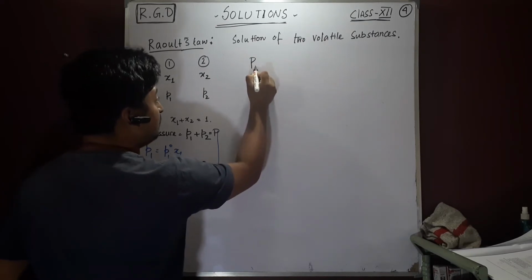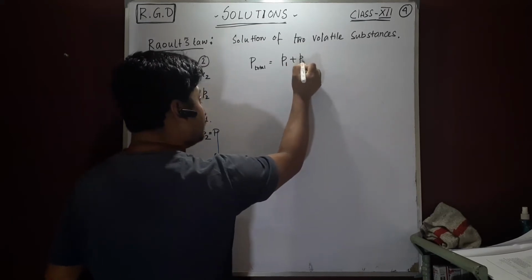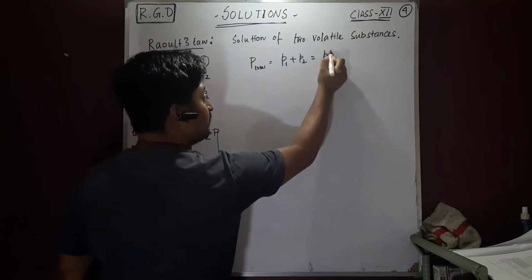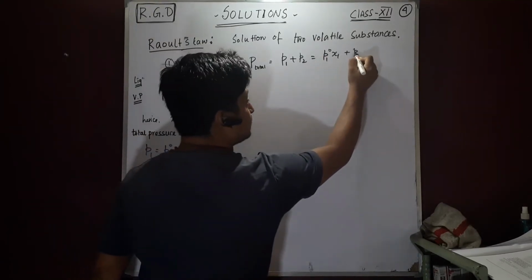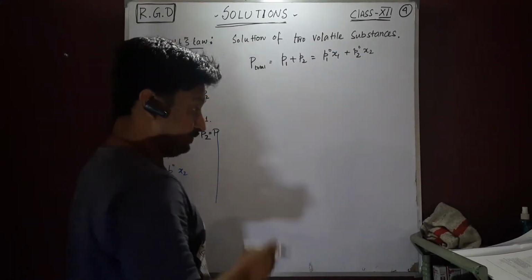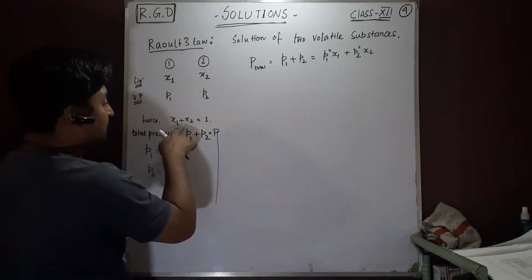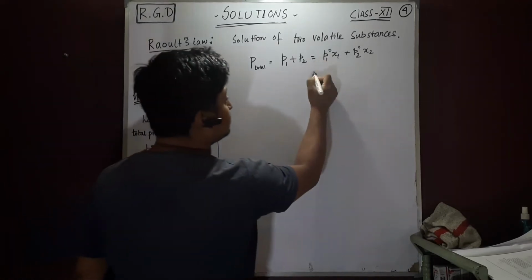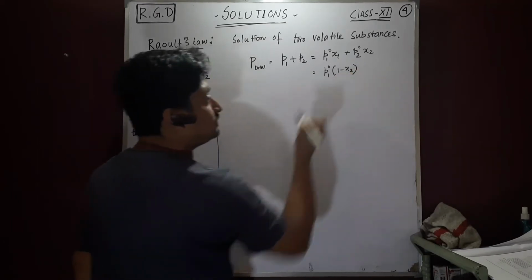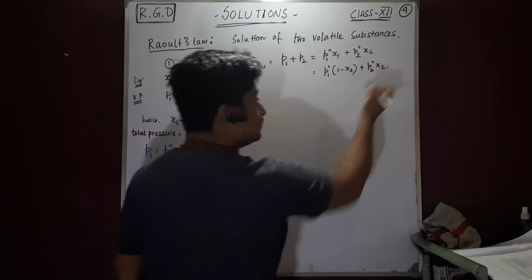So P total is equal to what? P1 plus P2. Replacing these here, P10 x1 plus P20 x2. What is x1? x1 plus x2 equals 1. So instead of x1, I can write 1 minus x2, right? So P10 times 1 minus x2, plus P20 x2.